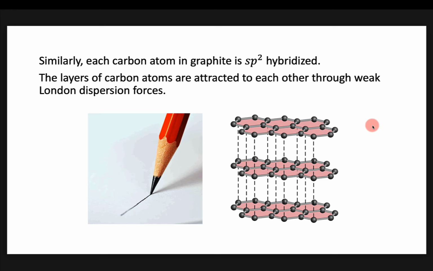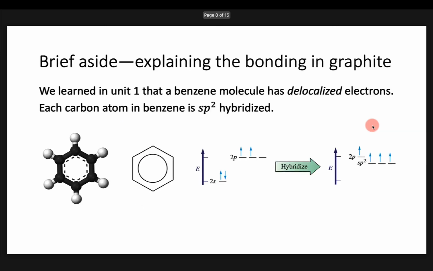Now in graphite, it's basically the exact same situation. Every carbon atom is sp2 hybridized. So you can kind of think of it this way, if we just go back. In our benzene molecule, this carbon atom was bonded to a hydrogen. So let's imagine for a minute that instead of a hydrogen atom here, we had a carbon atom.